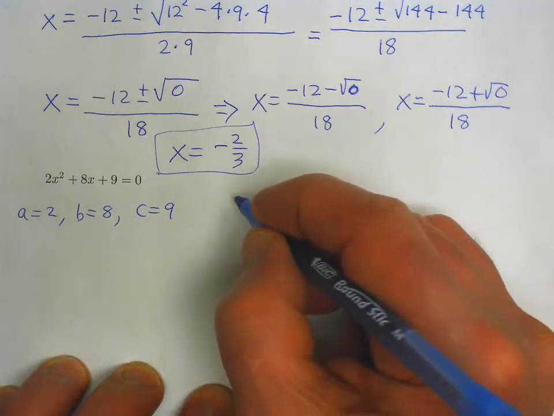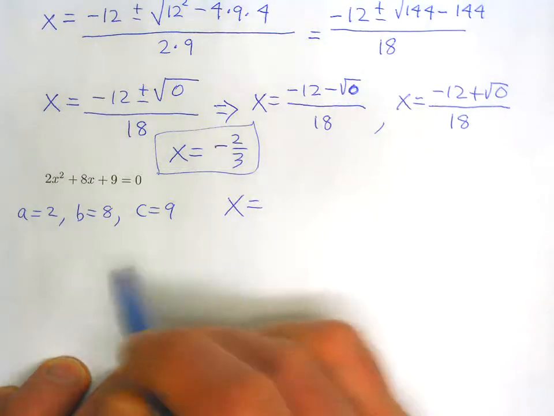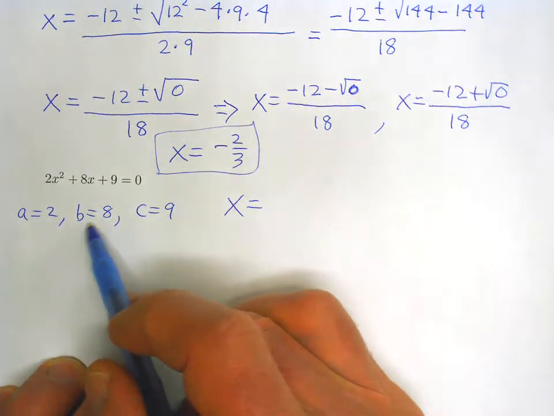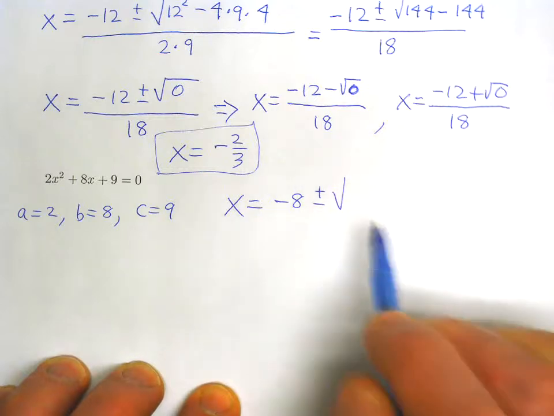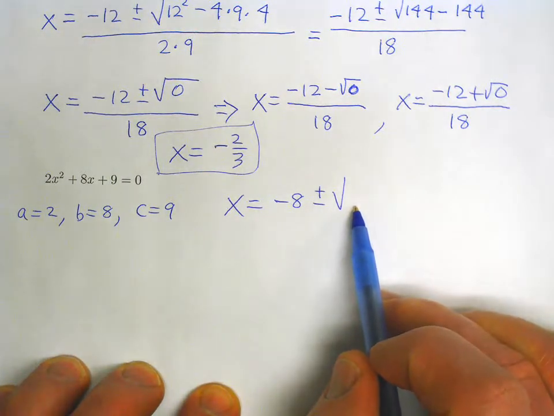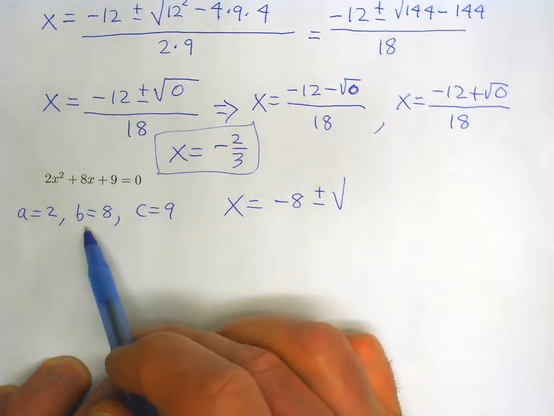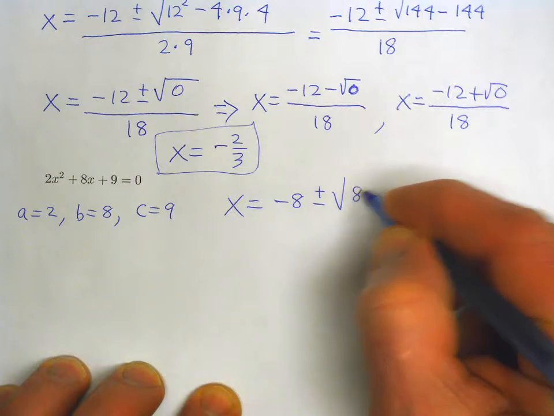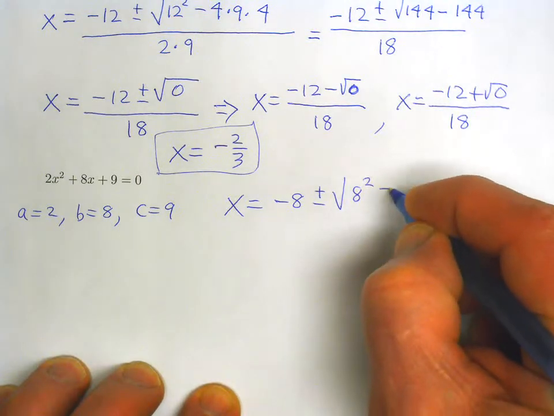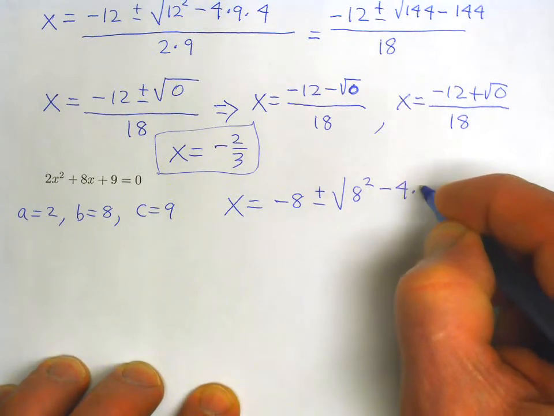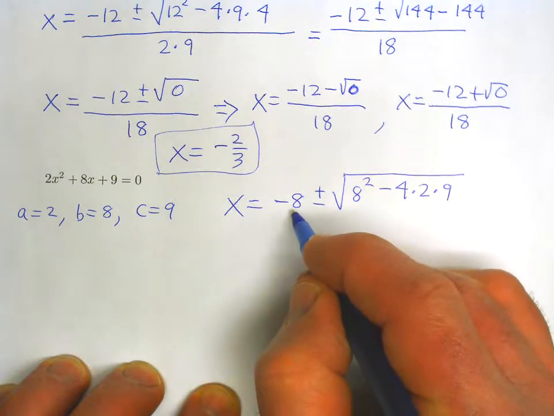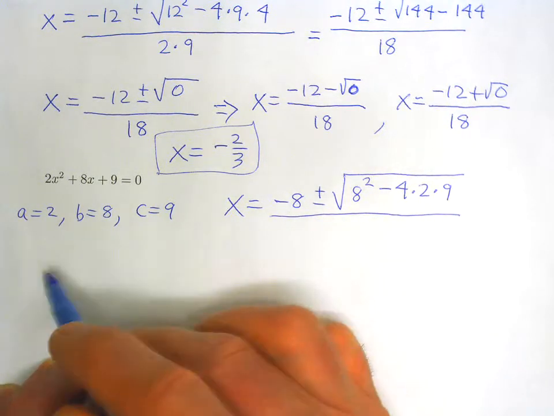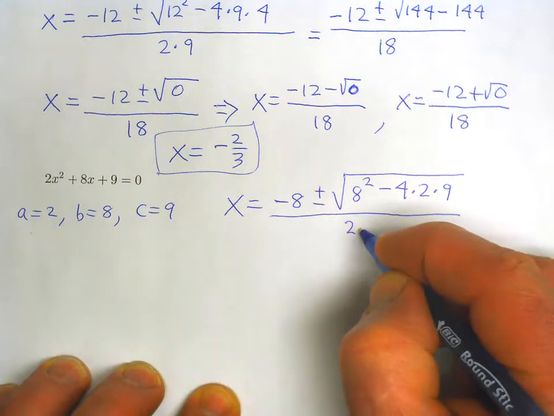So the quadratic formula, x equals negative b, so negative 8, plus and minus the square root of b to the second minus 4ac. So b is 8, so 8 to the second minus 4 times 2 times 9, all divided by 2 times a, or 2 times 2 in this case.